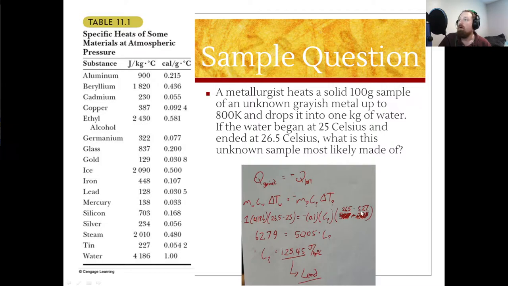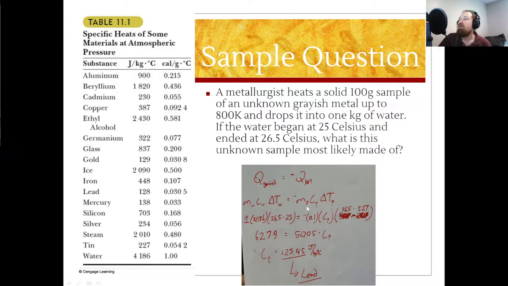So our initial Celsius temperature for the metal is 527. That is subtracted from positive 26.5 for the metal's delta T. We need to factor through the negative as we did before, but again, the only unknown currently left here is C of the metal. So the entire left side can condense down to 6,279.